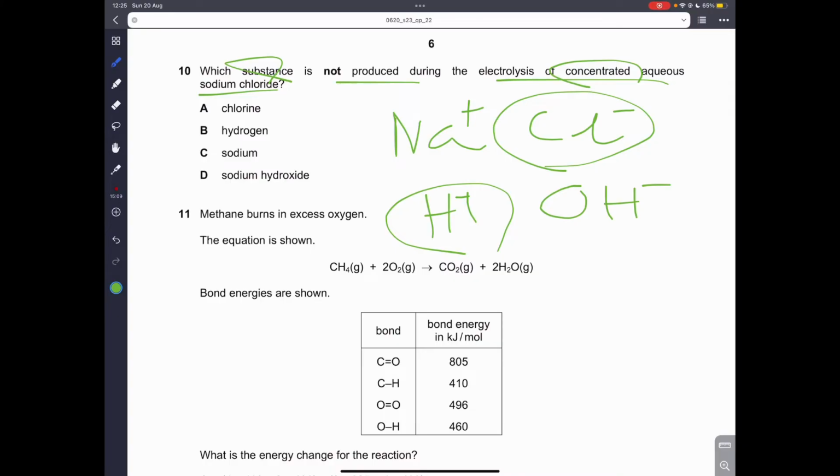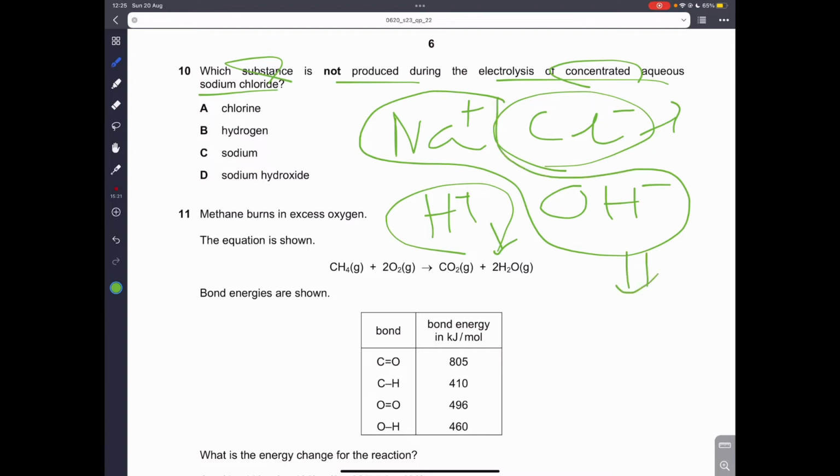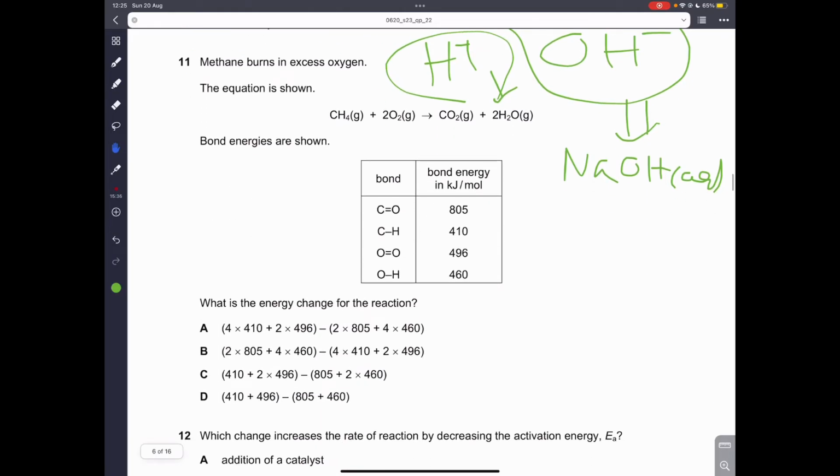So we know that hydrogen is going to get produced, chlorine gas is going to be produced, but then the two ions that are left in solution are Na plus and OH minus. This is going to form a basic solution of NaOH. The sodium hydroxide is going to form. The only thing that will not form is sodium. Therefore, C is the correct answer. Question number 11.